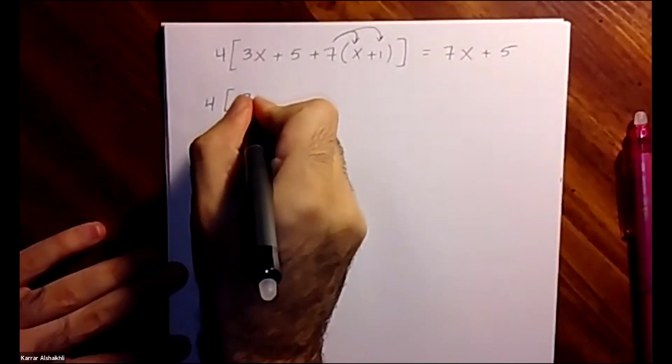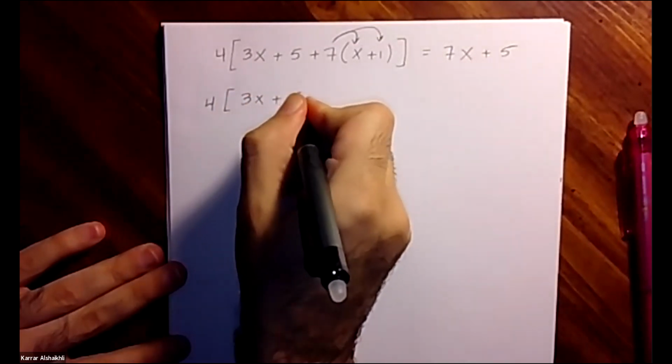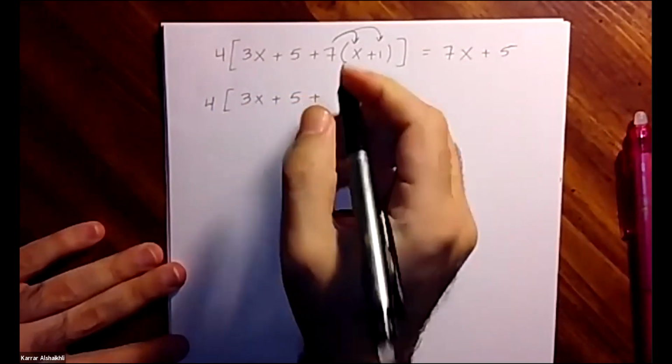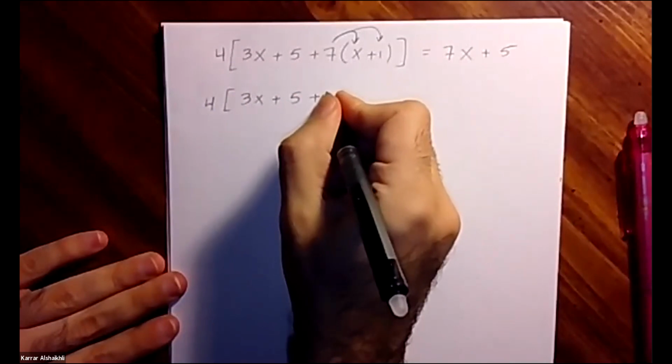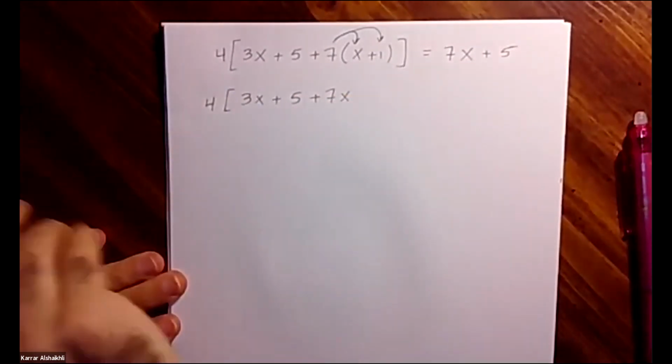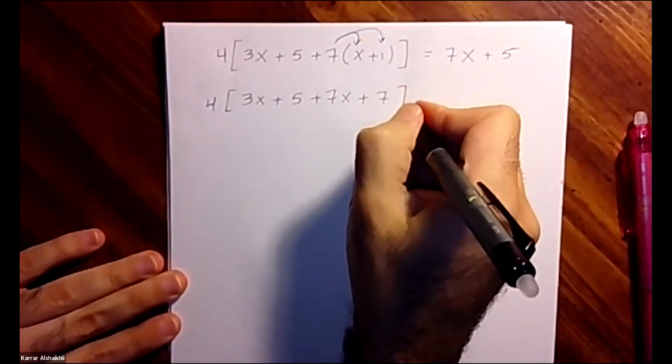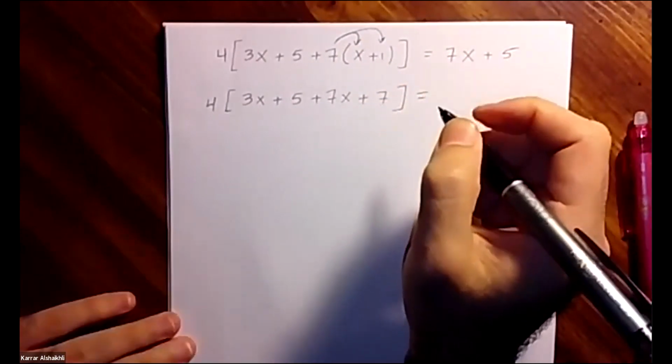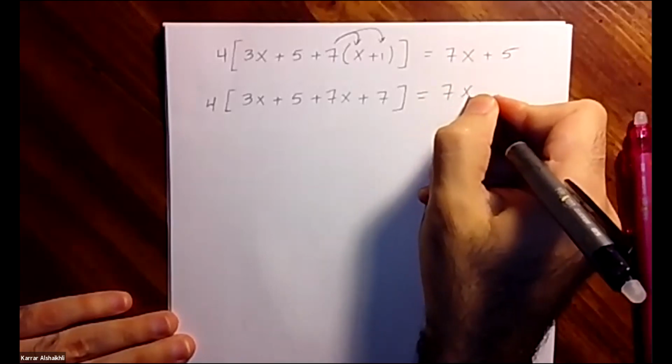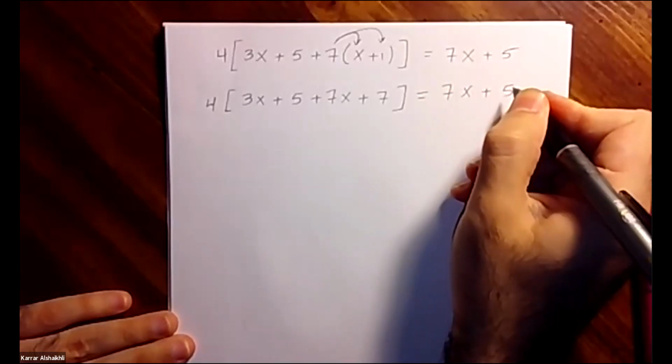So here's the 3x plus 5 plus 7 times x is going to be 7x. 7 times 1 is going to be plus 7. Close the bracket, and here is the other side, which is 7x plus, sorry, plus 5.